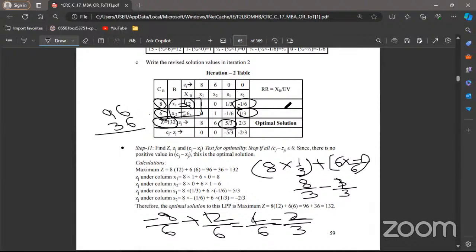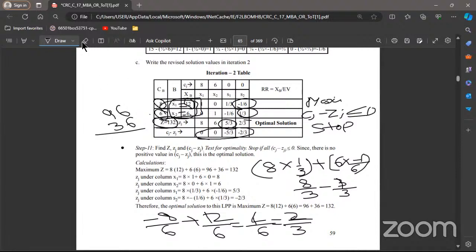So we have to do these iterations till all the Cj minus Zj become less than or equal to 0, if it is a maximization problem. Stop the problem. You have got the solution. Where do you find the solution?